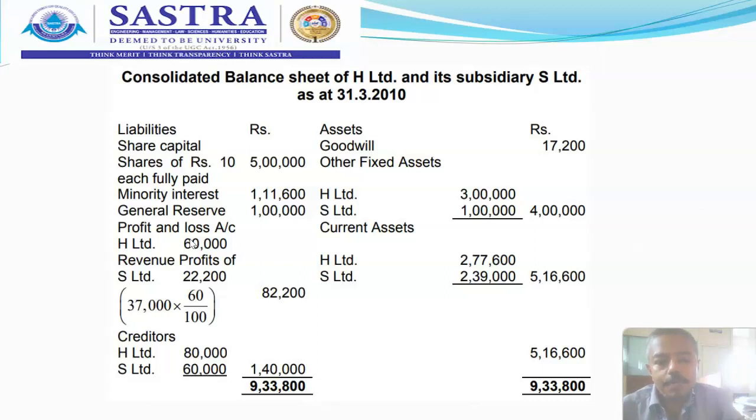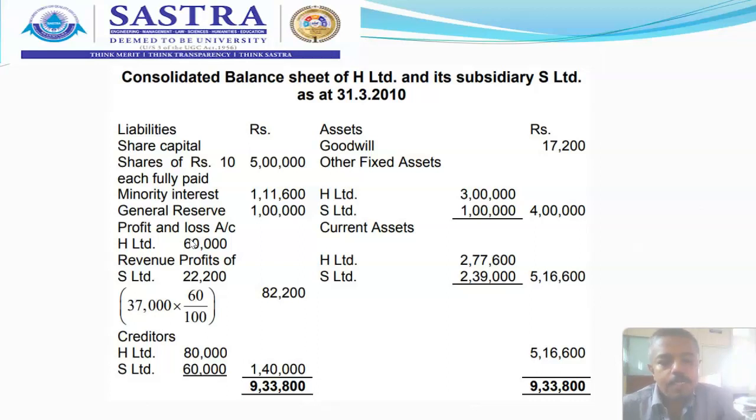Of that 37,000, we need to take only the 60% which belongs to H Limited. So 60% of 37,000, we get around 22,200. Already H Limited has their own revenue profit to the sum of rupees 60,000. Now S Limited's revenue profit portion of H Limited is 60% of 37,000, which is 22,200.